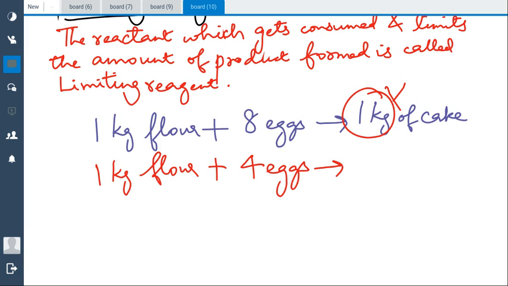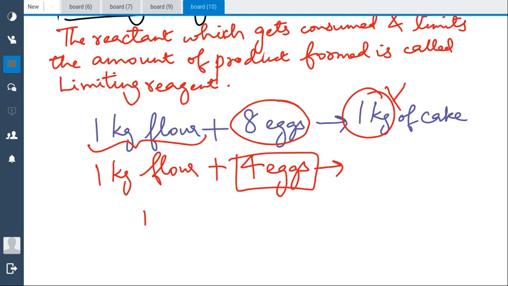No, you won't be able to. Even though you have 1 kg of flour, you need 8 eggs for it. But since you have only half of the eggs, you can only take half kg of flour with 4 eggs.